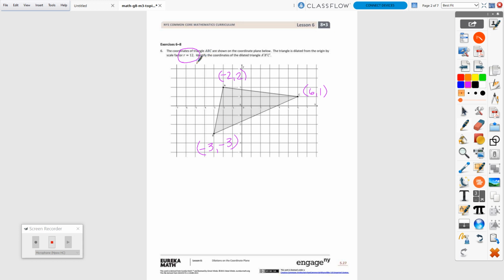So as we use that scale factor, we're going to go ahead and multiply everything by 12. So point A prime is now going to be (-24, 24). B prime is (-36, -36). And C prime, (72, 12).